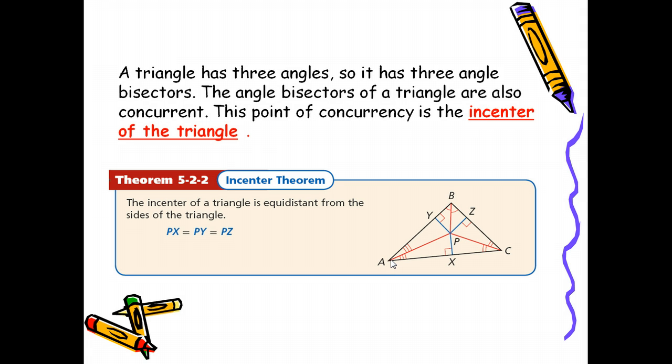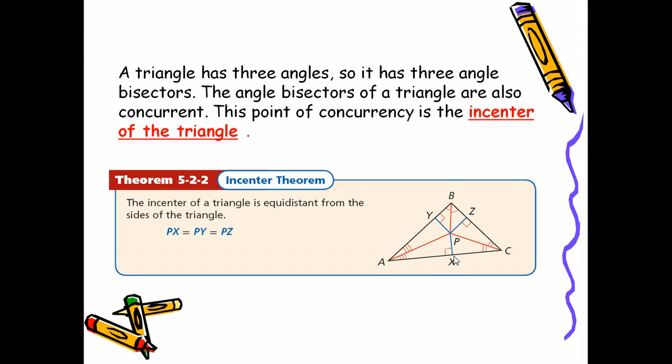So if we look, we have this angle bisector here, bisecting A. If it continued on, it would just keep going over here. C would cross and go over this way. The bisector for B would keep on going somewhere down here.